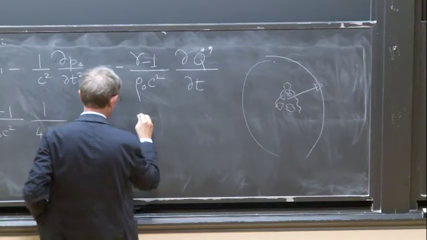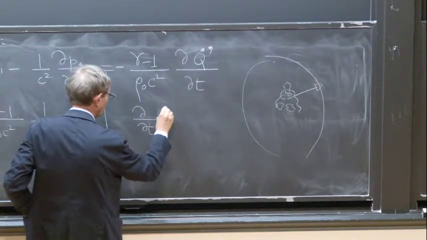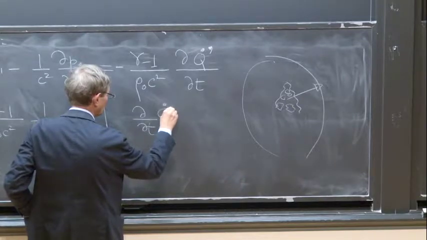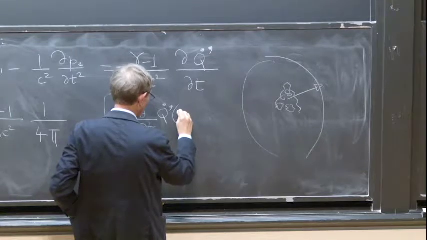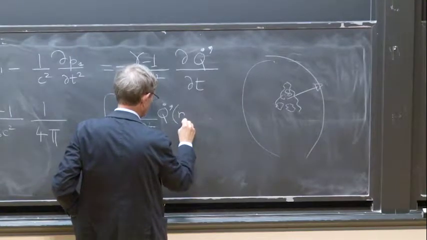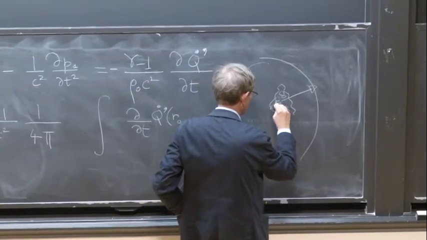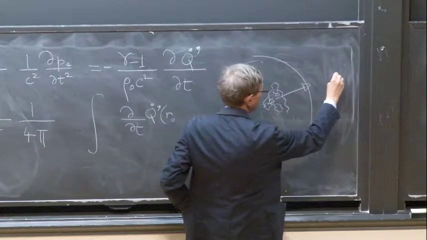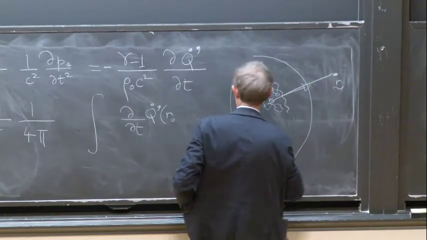And you find them in the form of d by dt. So it's the derivative of q dot prime, so the fluctuations in heat release. These are located at a position R0. So R0 is this position here. And the observer is located at R. So you're here like that.